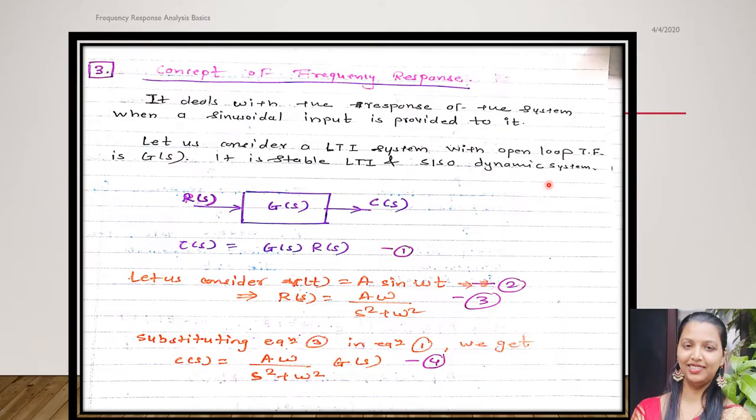The block diagram representation of G(s) is as shown here. Input applied to the G(s) system is R(s) and output obtained from the G(s) block is C(s).